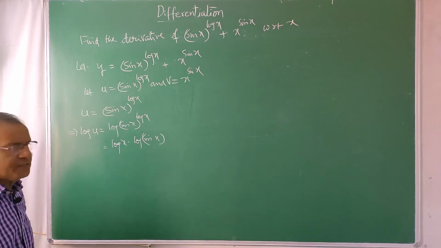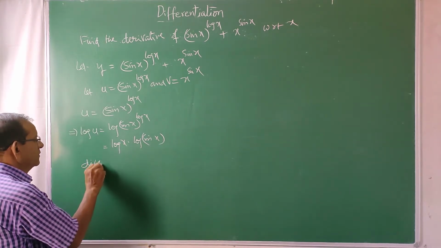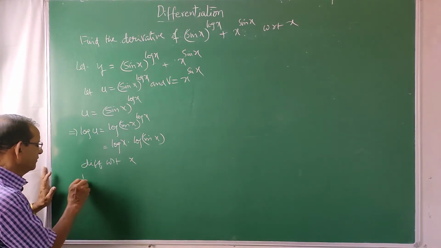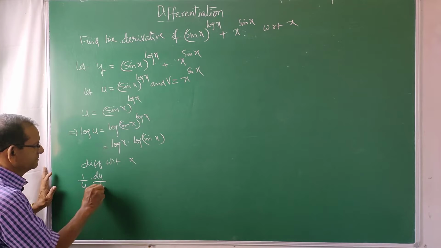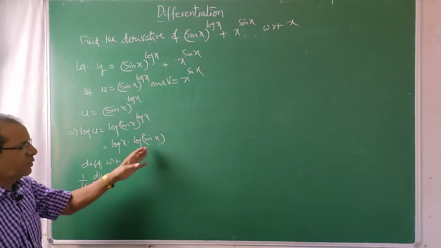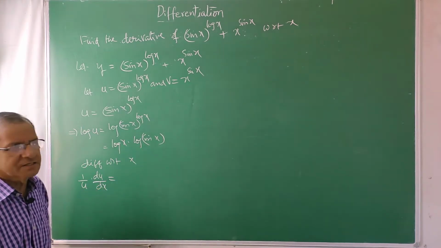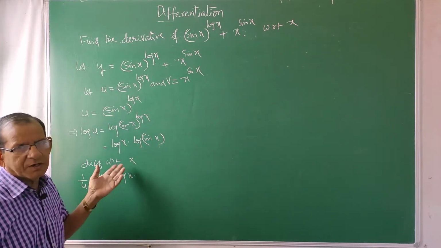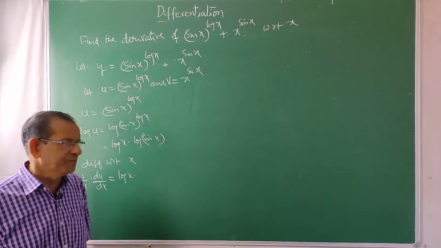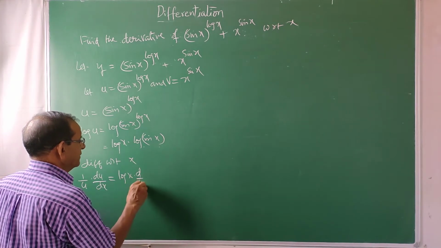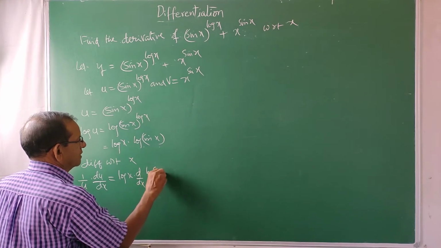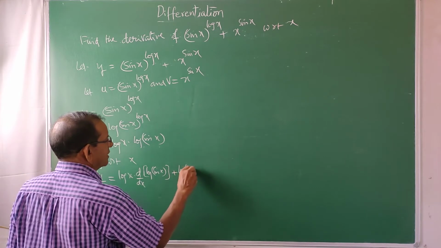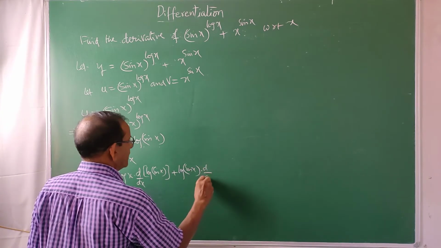Now differentiate with respect to x. Log u derivative is 1 by u into du by dx. Now this is a product, log x into log of sin x. First you write log x into derivative of log sin x, using the product formula u into dv by dx plus v into du by dx, plus log sin x into d by dx of log x.